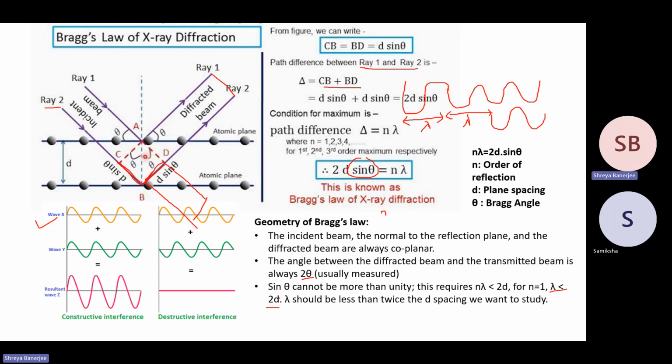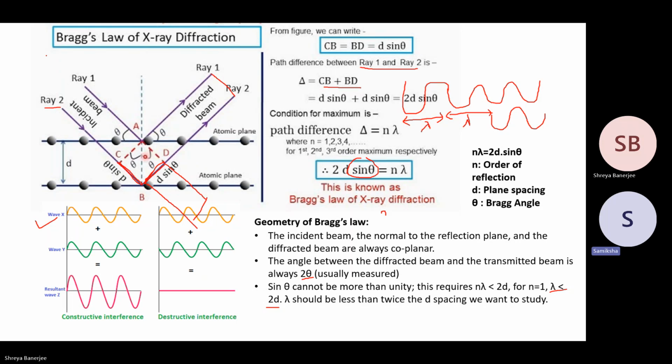So the wavelength of the characteristic X-ray that we choose should be less than twice the d spacing between the lattice planes. That is how the wavelength should be chosen, what wavelength we need to study what crystal. First, the distance between the two planes of a lattice in the crystal is measured, and the wavelength should always be less than twice that d. So that is Bragg's law of X-ray diffraction.